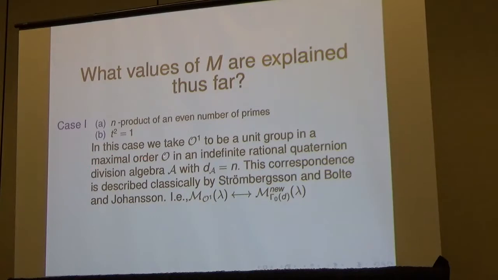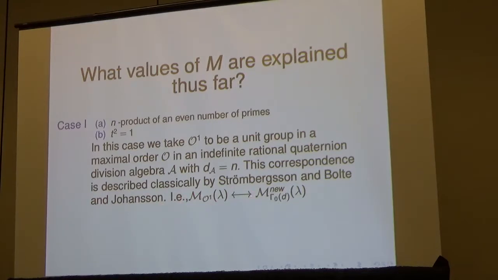And if you do that, what we quickly discover is that if I take O1 to be the unit group in a maximal order in an indefinite rational Quaternion algebra, and I take the discriminant D of A to be 1, then this is actually described by the work of Ström, Bolt, and Johansson.